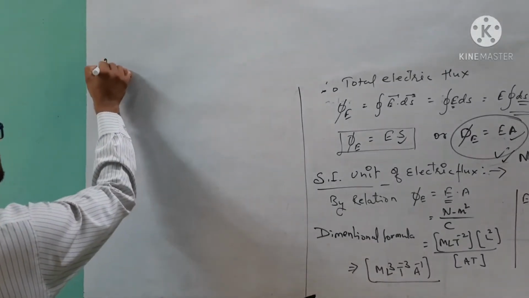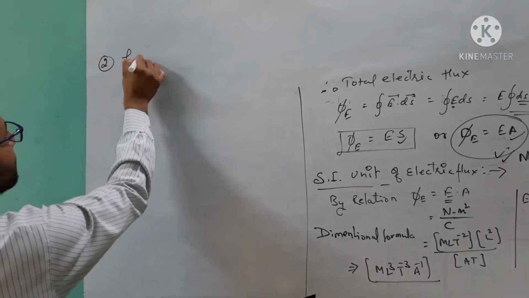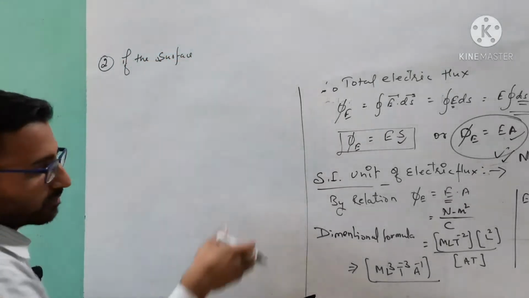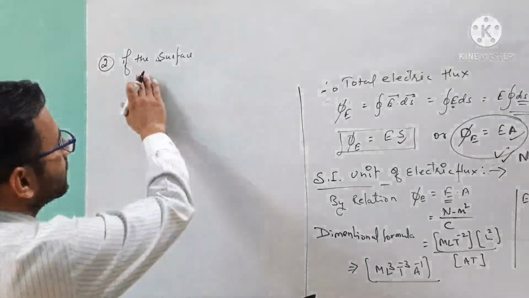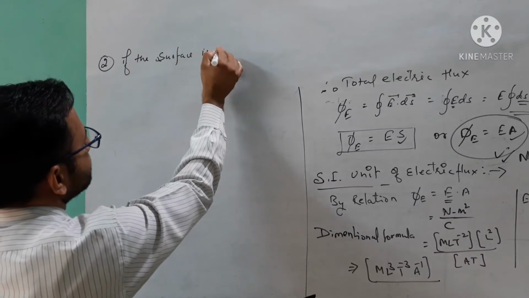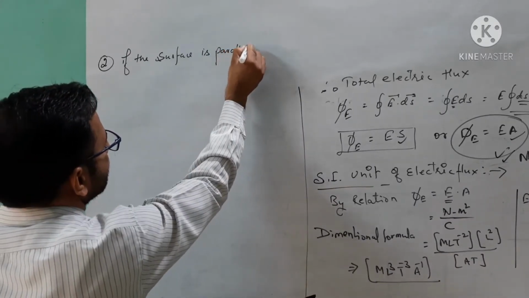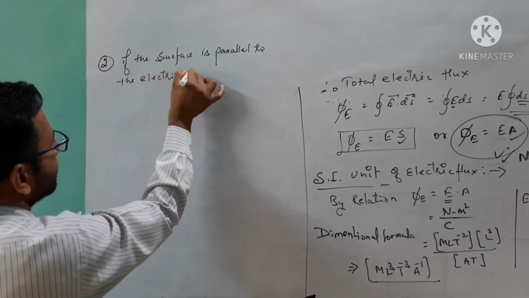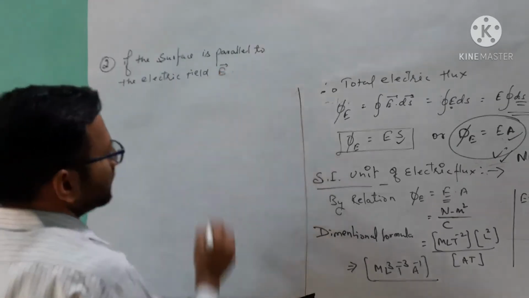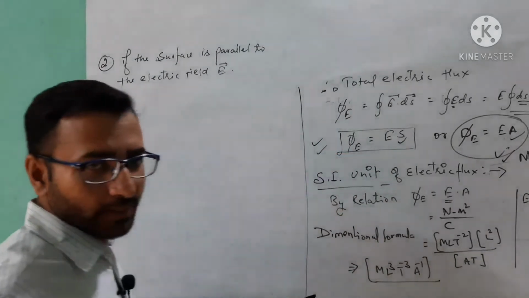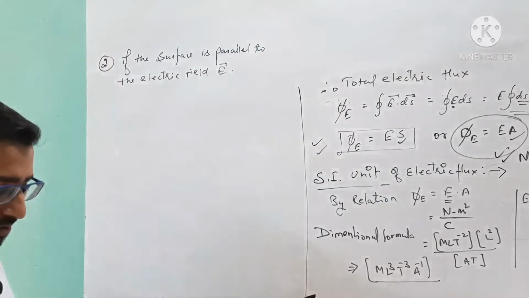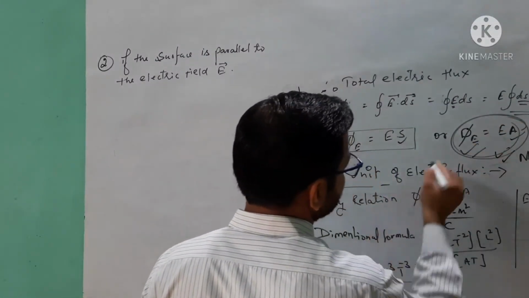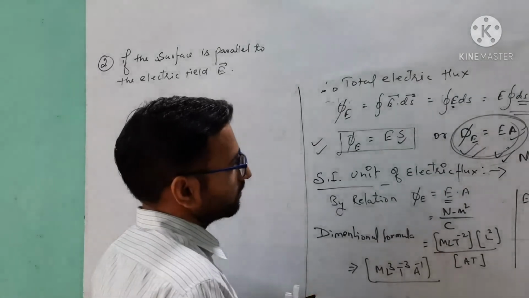Now the second case, note 2: if the surface, which we are taking in the first condition normal to the electric field, is parallel to the electric field E. See, in the first condition, in which I put the surface perpendicular to the field, I get this value of electric flux, so it has maximum value.